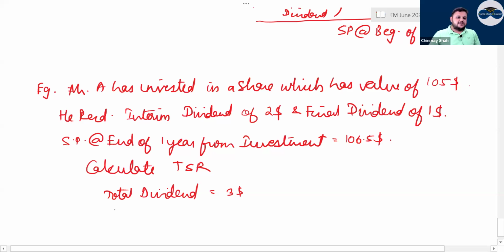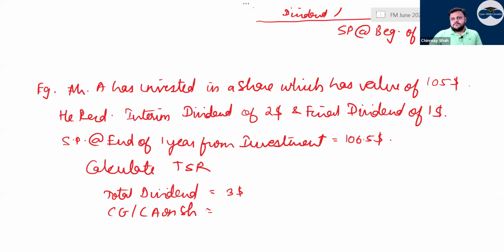How much is the chargeable gain or capital appreciation on shares? What is chargeable gain or capital appreciation? The gain on investment. How much did you gain on that investment? 1.5.